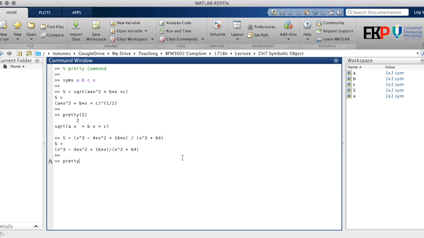If we do pretty S, you will see that MATLAB returns this format: x to the power of 3 minus 4x squared plus 16x divided by x to the power of 3 plus 64. So this is what the pretty command does. It will display the expression in mathematical formats that we are familiar with.